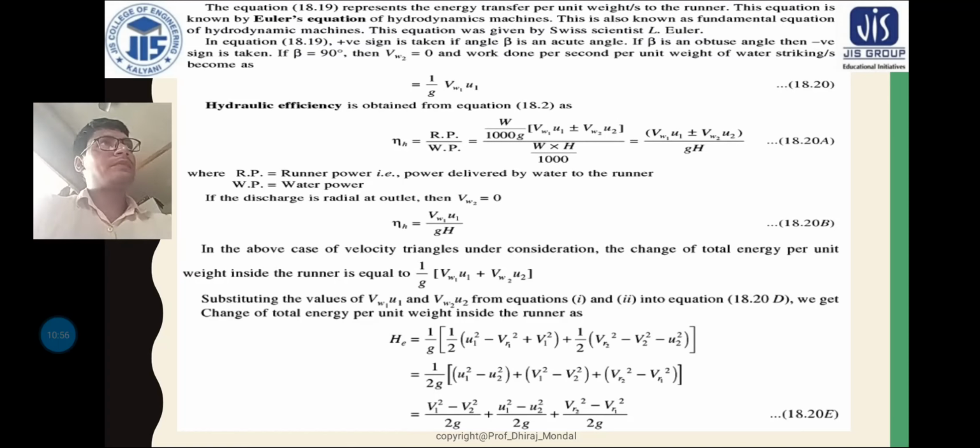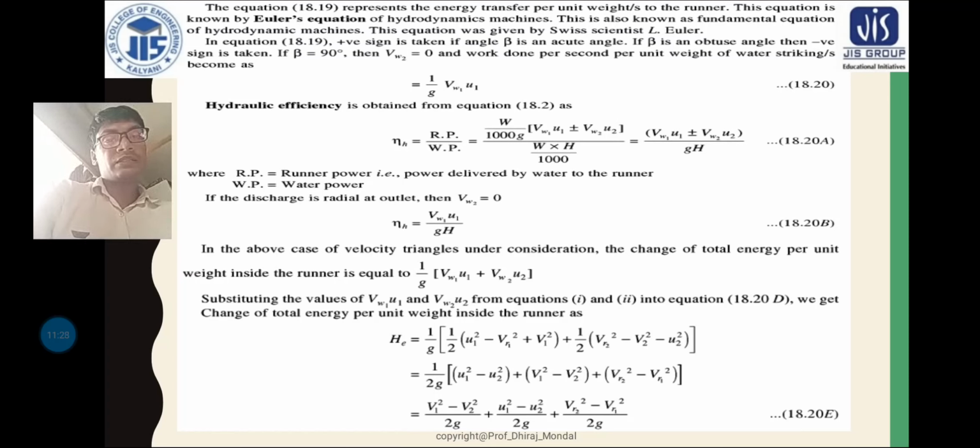Simplifying, the hydraulic efficiency is (Vw1 u1 plus or minus Vw2 u2) by g into capital H. This is the hydraulic efficiency in the case of an inward radial flow reaction turbine, where Rp is the runner power, or power delivered by water to the runner, and Wp is the water power.